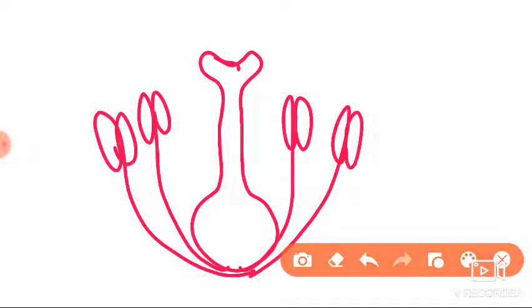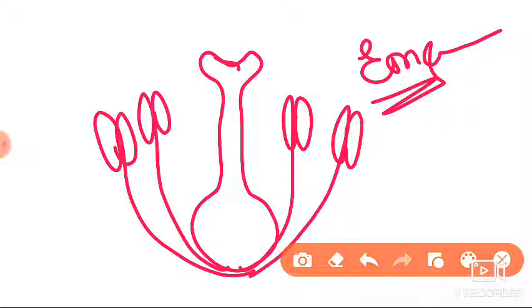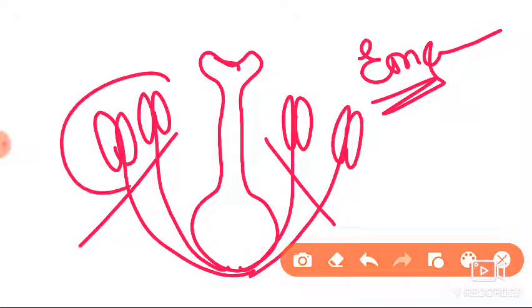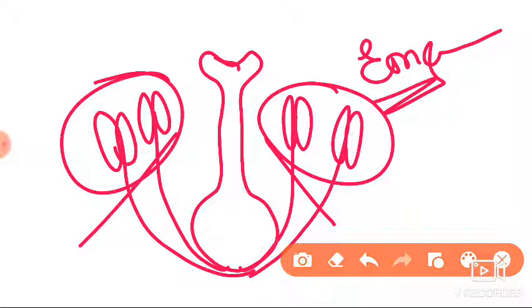In the case of emasculation, please remember, students, this is going to be asked in your exam as a 1 mark question, or sometimes 2 marks also. For that purpose you have to remember the definition of emasculation. Here we remove the anthers from the flower.